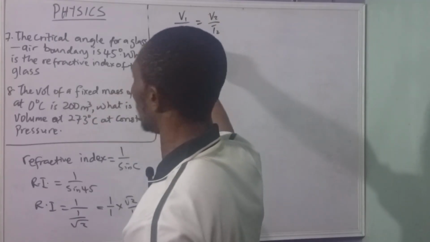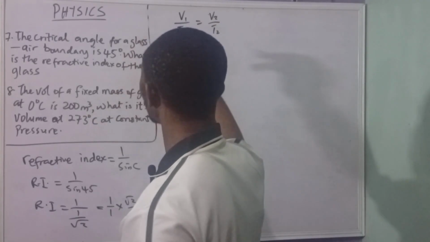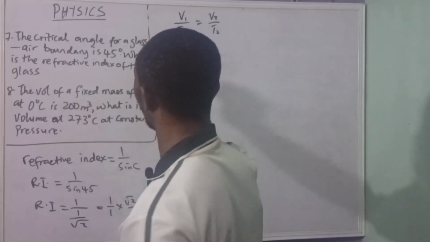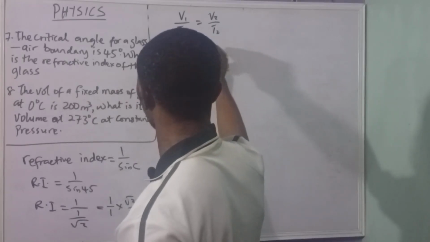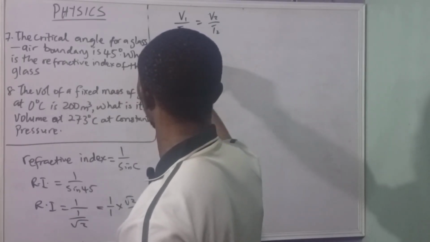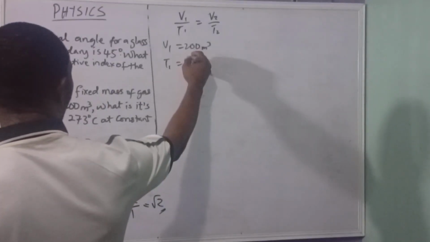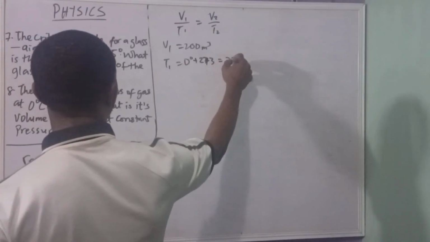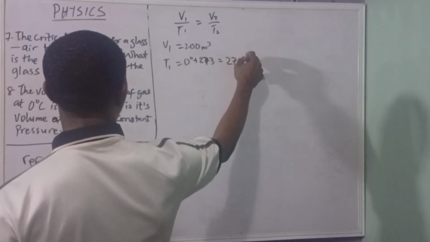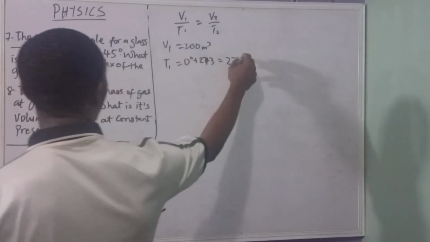Our V1 here is 200 meters cube. T1, the first temperature, is 0 Celsius, so plus 273, which gives us 273 Kelvin.